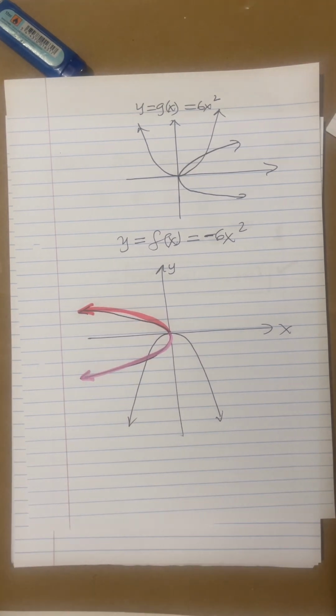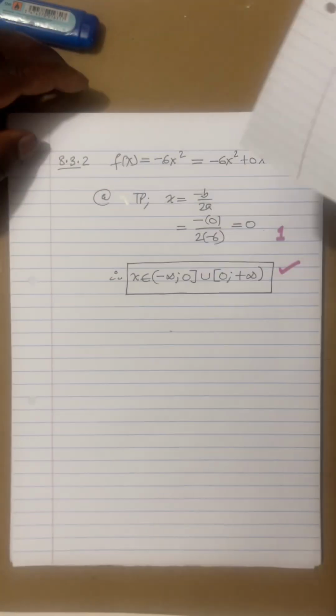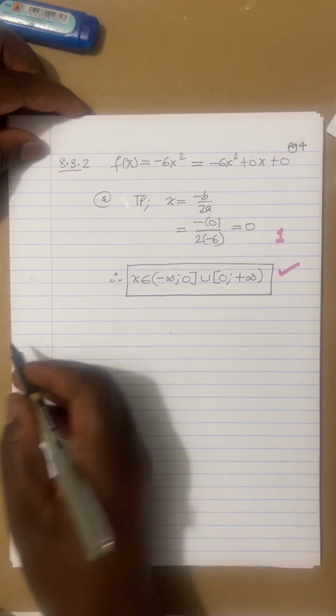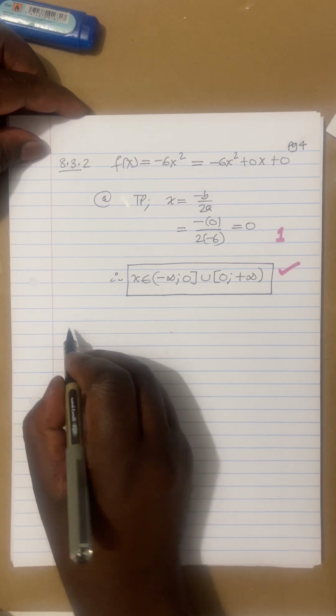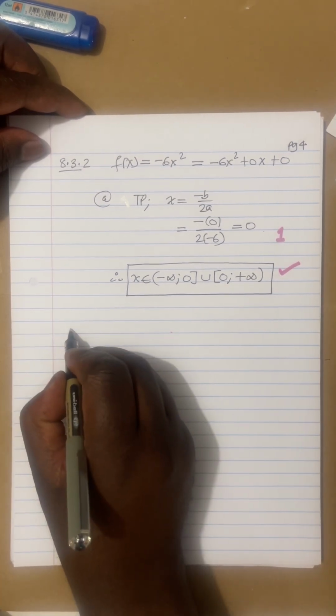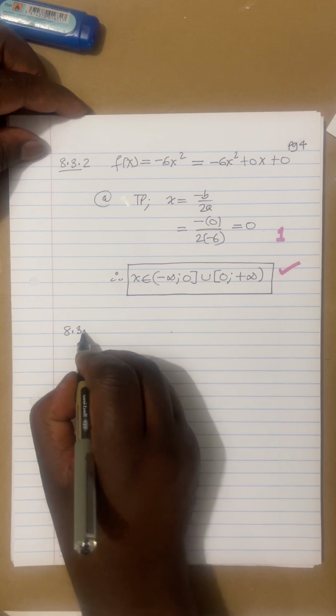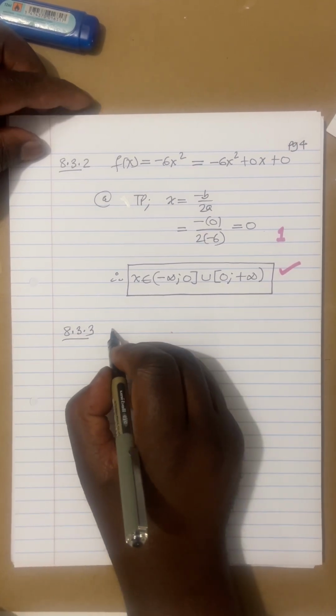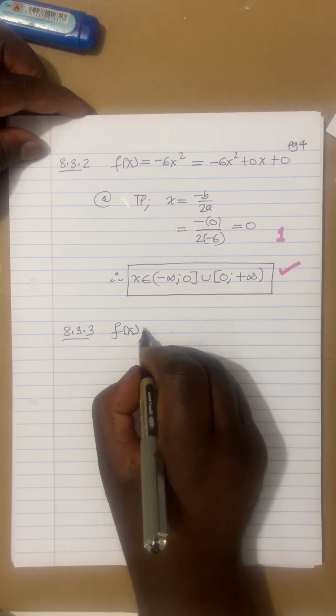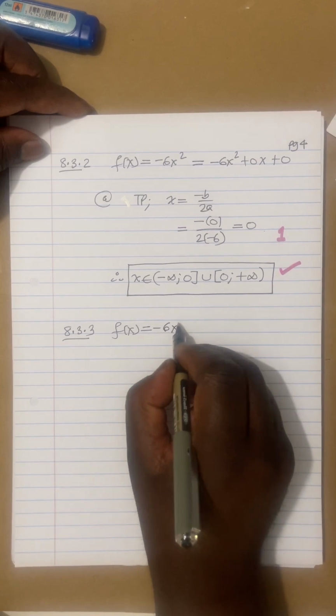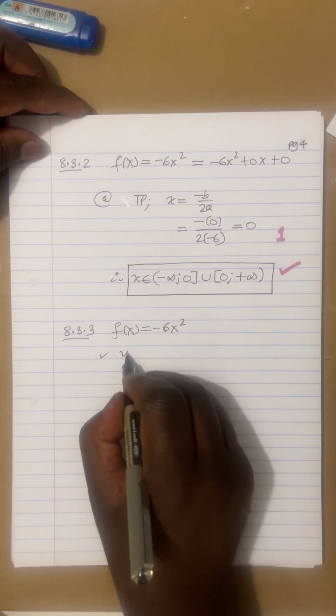Right. So let's determine the inverse function then. So this is 8.3. I'm gonna come back to that graph. So 8.3.3, we know that f of x is equal to minus 6x squared. Step number 1 says replace the function by y.